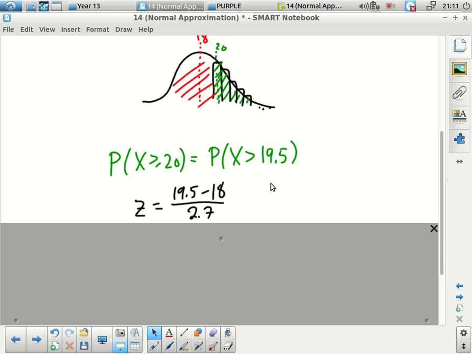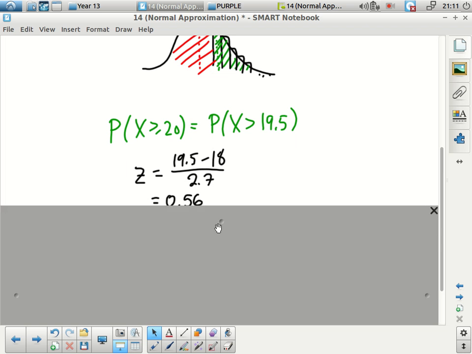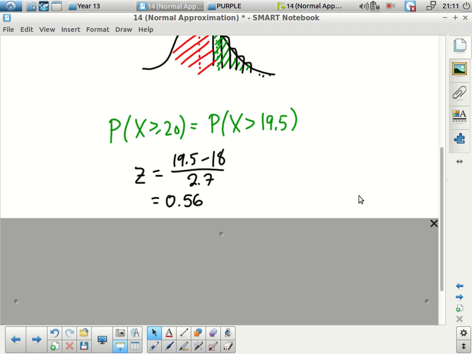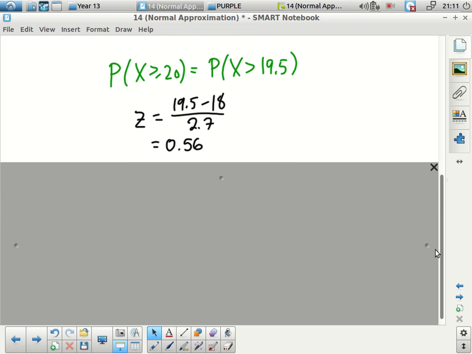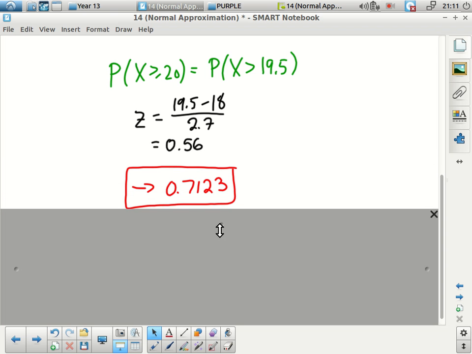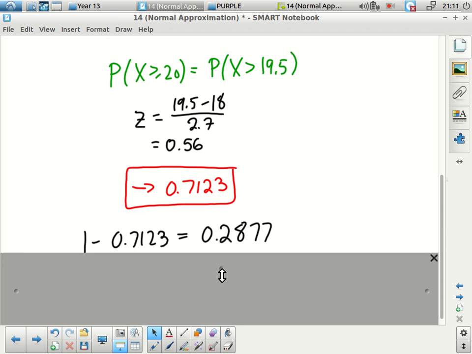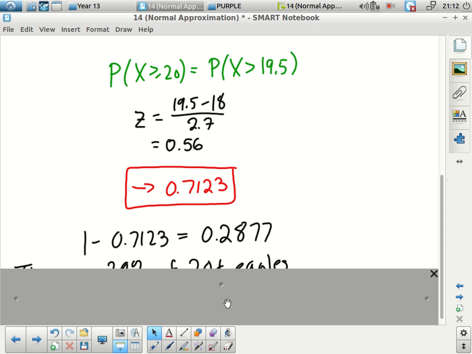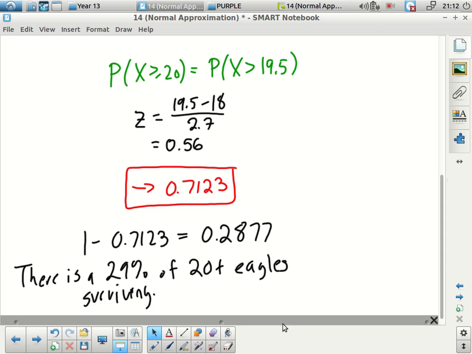My z-score from 19.5 works out to approximately 0.56. When I go to the table, that gets me 0.7123. Now again, that would be a 71% chance that less than 20 are successful. So the probability that 20 or more are successful is about 29%.